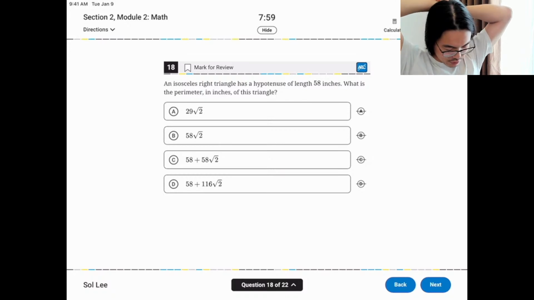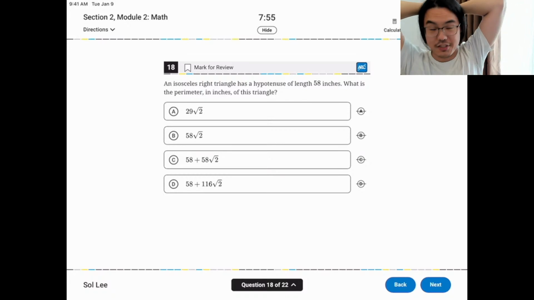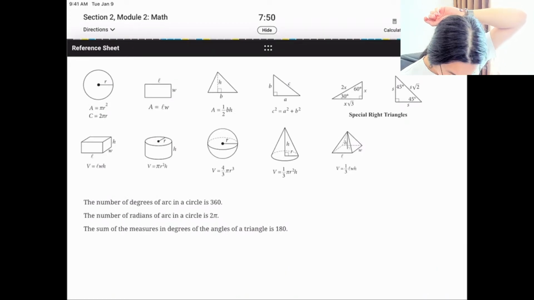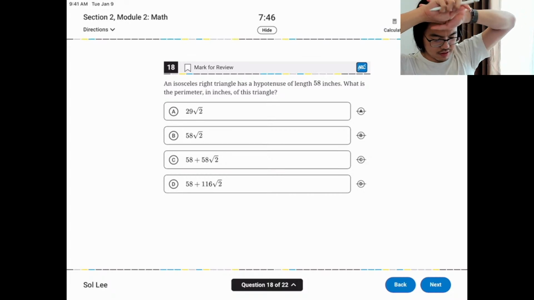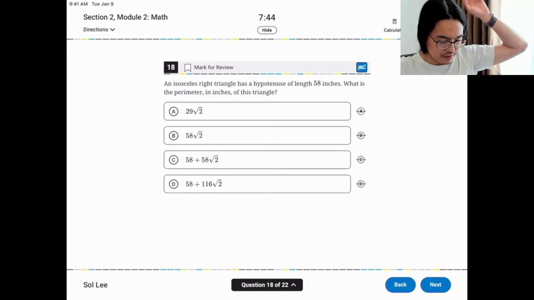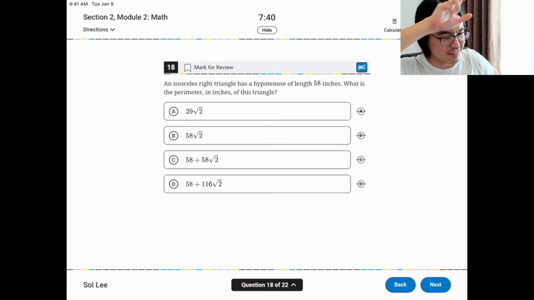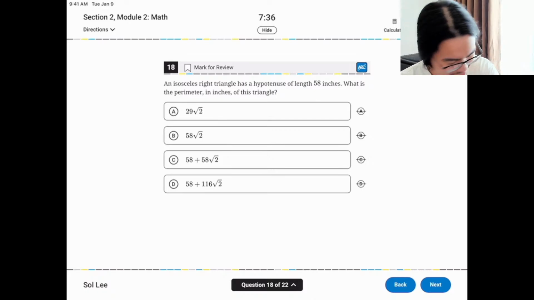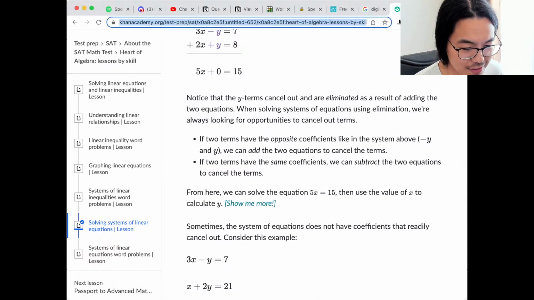An isosceles right triangle has a hypotenuse of length 58 inches. What the hell is isosceles? I'm going to use Chrome because I do not remember what isosceles is.